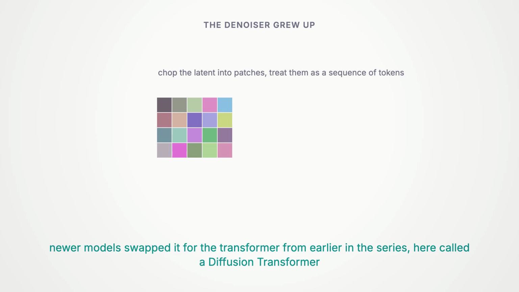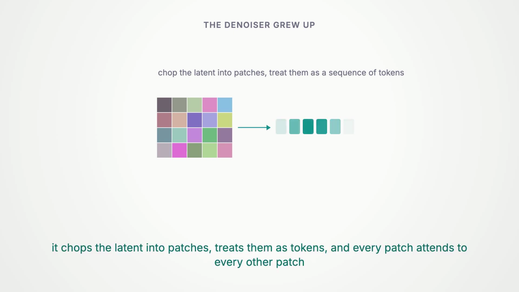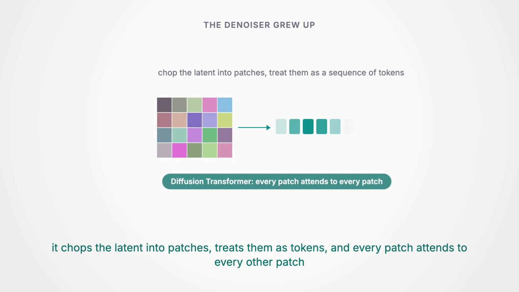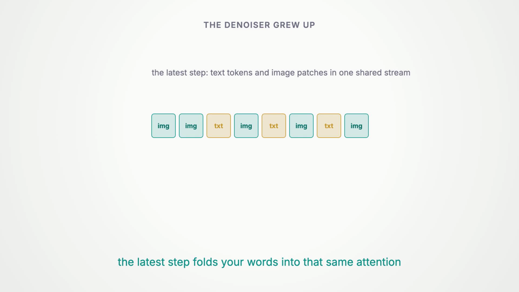It chops the small latent into a grid of patches, treats them like a sequence of tokens, and lets every patch attend to every other patch, so the model can reason about global layout the way it reasons about a sentence. The latest step folds your words into that same attention.